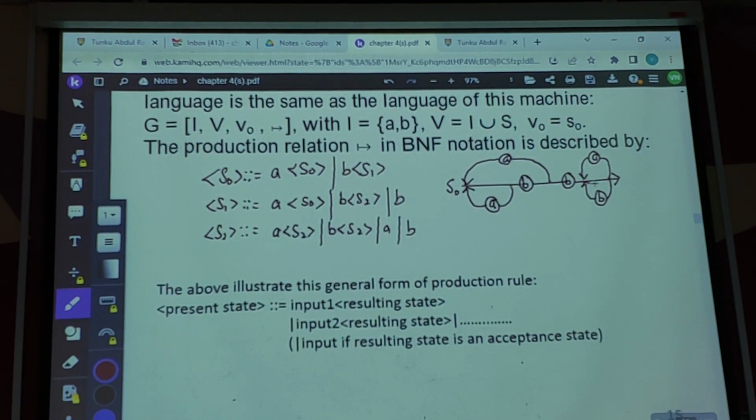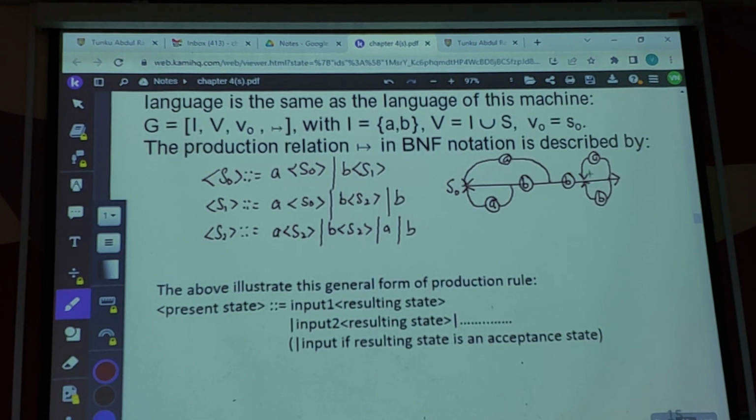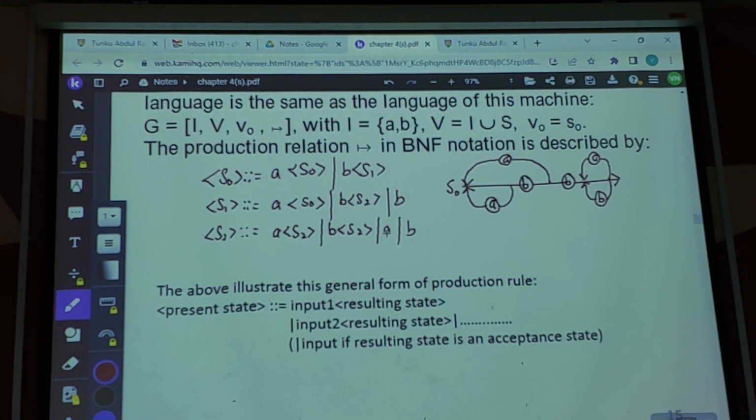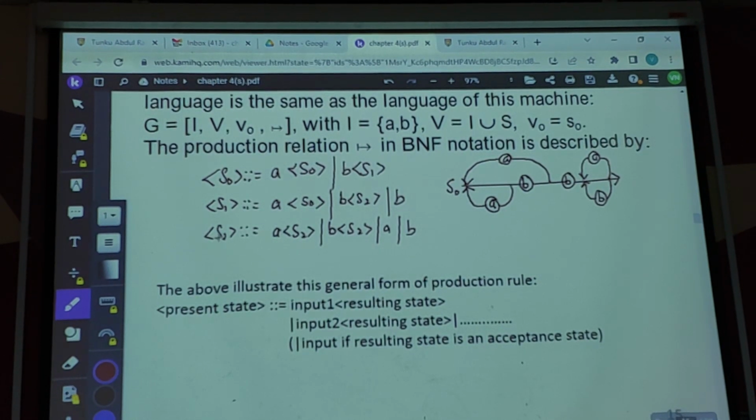So that means at S2 here, if you loop A, then you go up here. If you loop B, then you go down here. Both also go back to S2. And if you want to go out through A or B, then you go to the loop once, go out, because you are at S2 now.